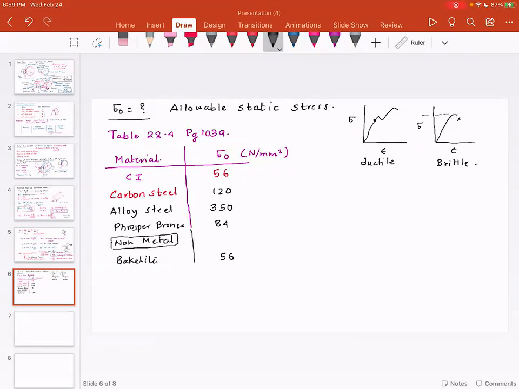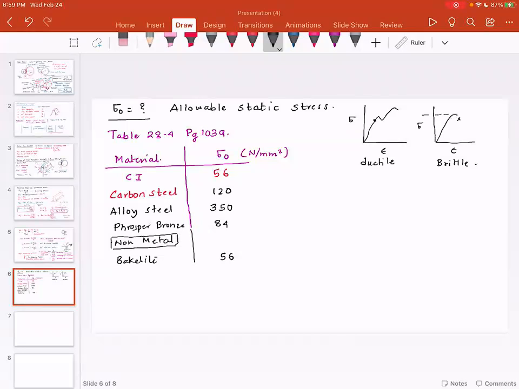For example, if the gear material is not specified, but the power transmission requirement is high, then there is no harm in going with alloy steel as the material to design the gear. Since alloy steel has a high sigma O, the size of the gear is going to be less. So sigma O is found from the design data book.